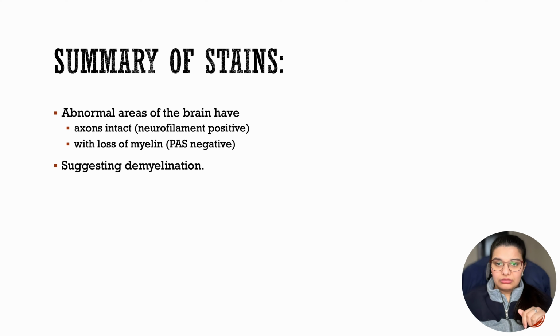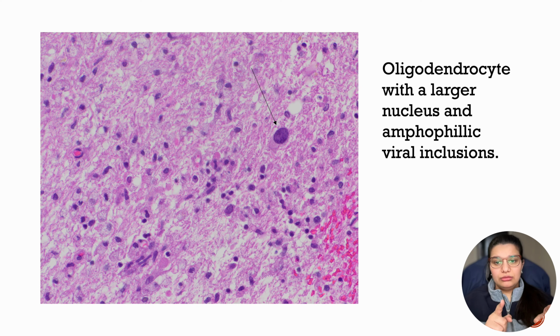So next we did a specific stain for JC virus, which is SV40, that I'll show you later. We also see on the H&E slide an oligodendrocyte with a large nucleus and amphophilic viral inclusions within it, and the virus would later be decided.